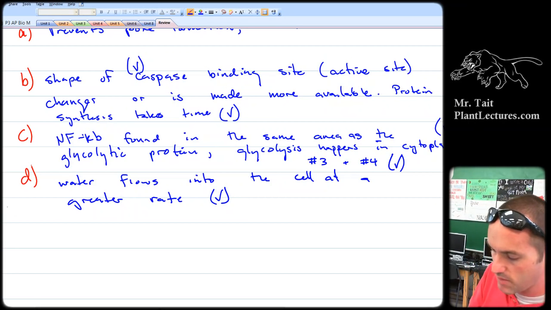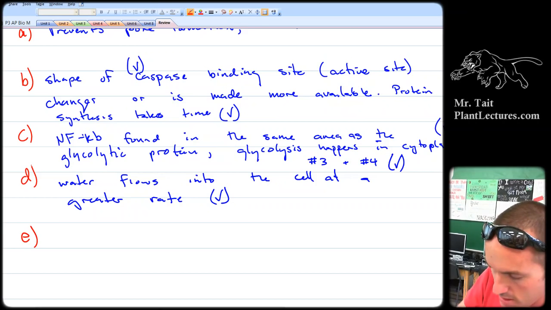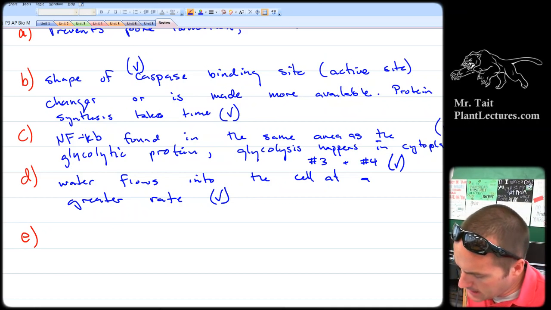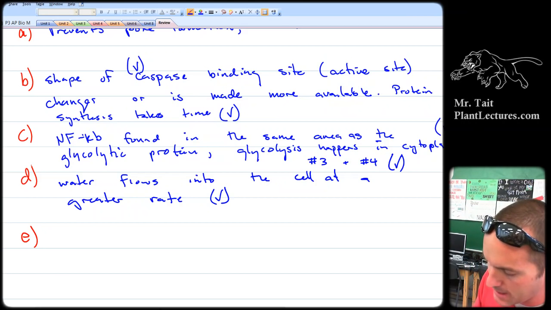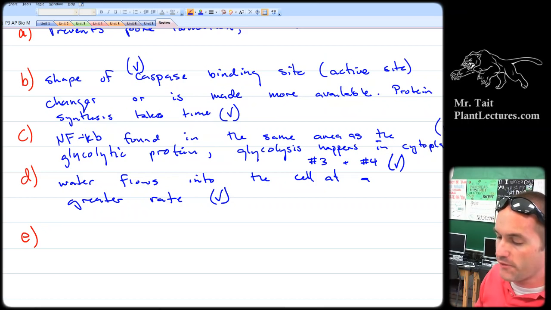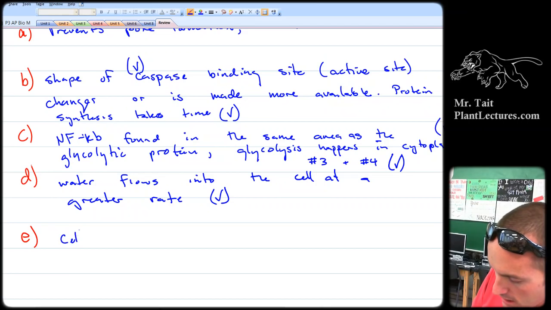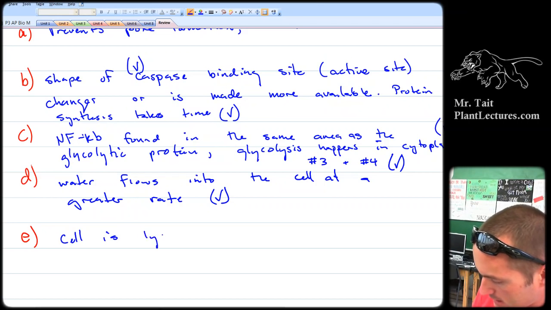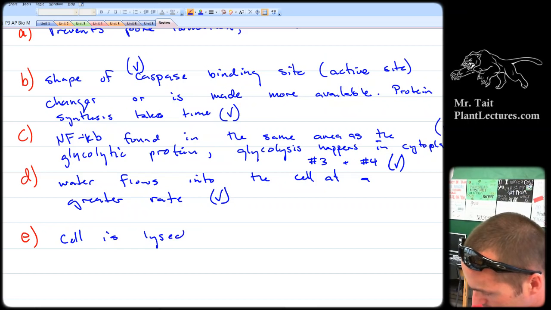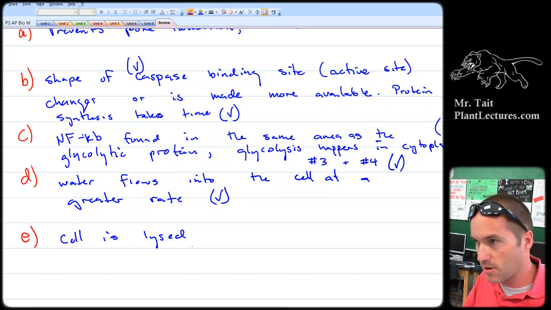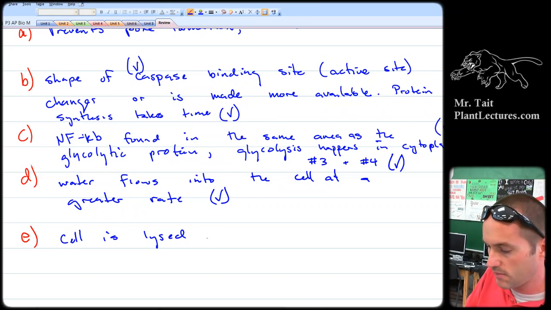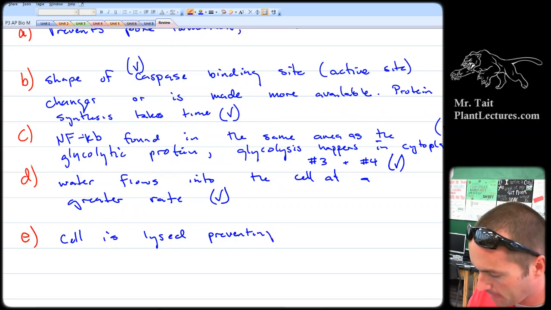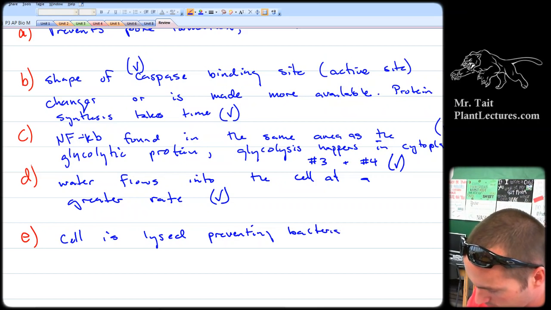Okay, that's checked there. And then E, we forgot about, E says, explain how gastramine pore formation and interleukin release contributes to an organism's defense against a bacterial pathogen. Okay, well, water flowing into the cell does what to the cell? Blows it up, right? So the cell is lysed. So it breaks apart, okay? And if the cell gets broken apart, that means that bacteria can no longer reproduce inside the cell, preventing bacterial reproduction.